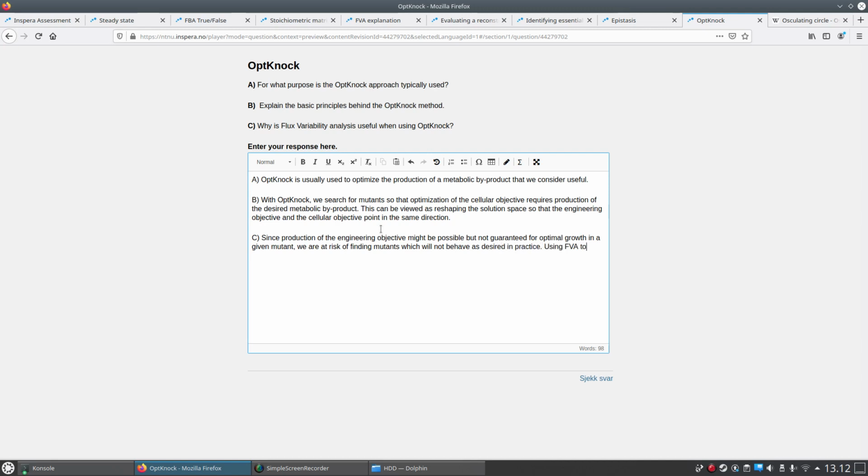Using FVA to identify lower bounds for the engineering objective for a given mutant allows us to identify mutants with guaranteed yields of the engineering objective. And that's a summary of the necessity of including FVA when you're doing OptKnock.